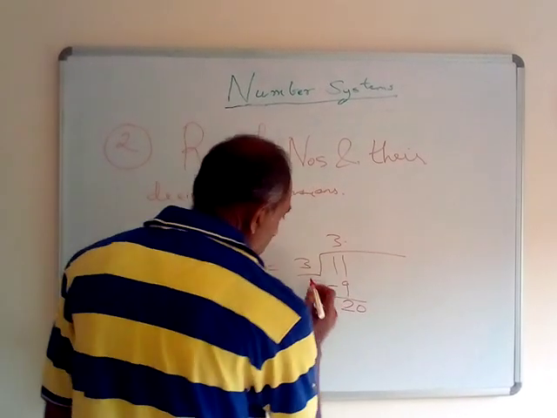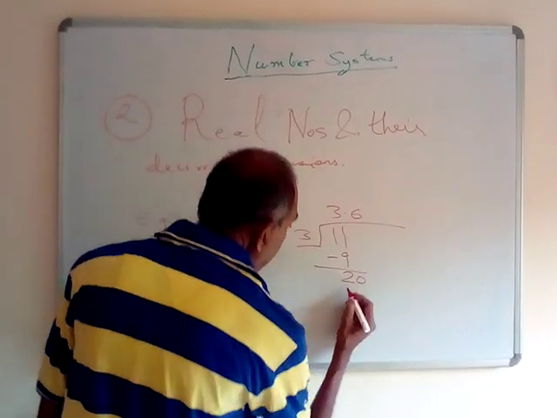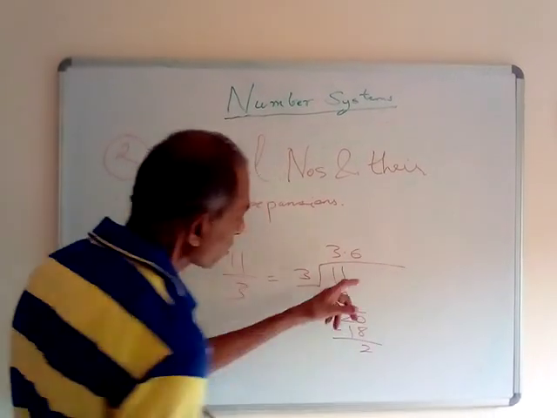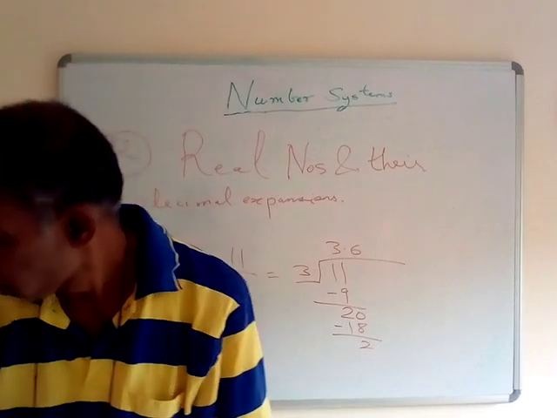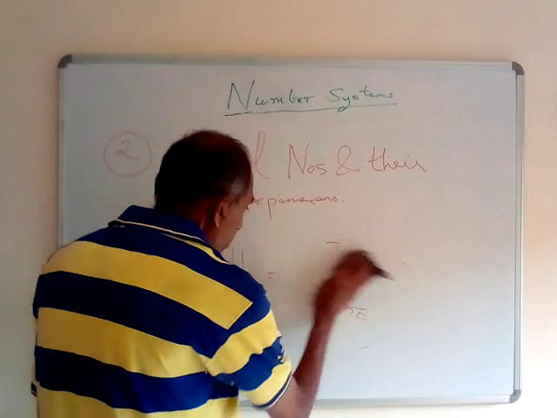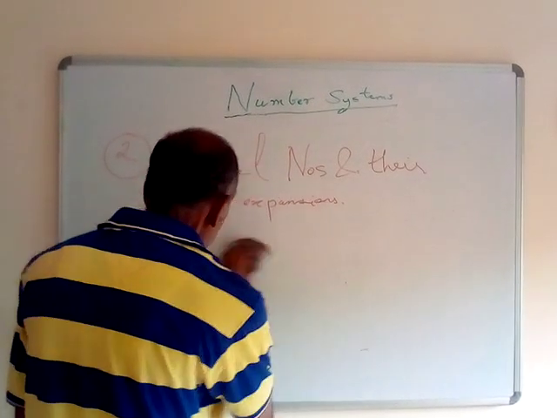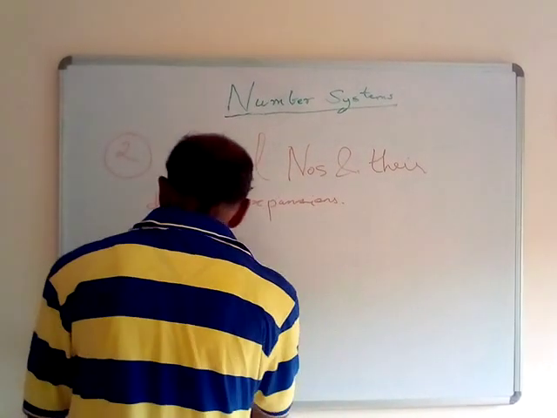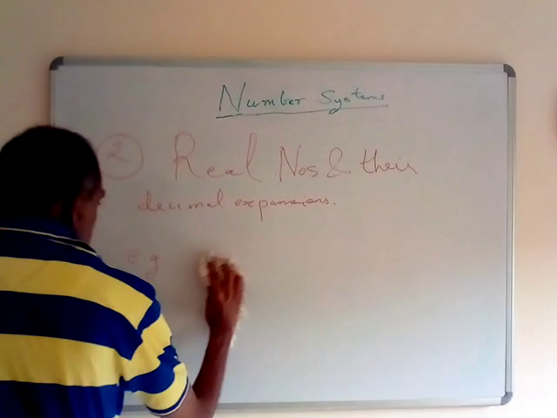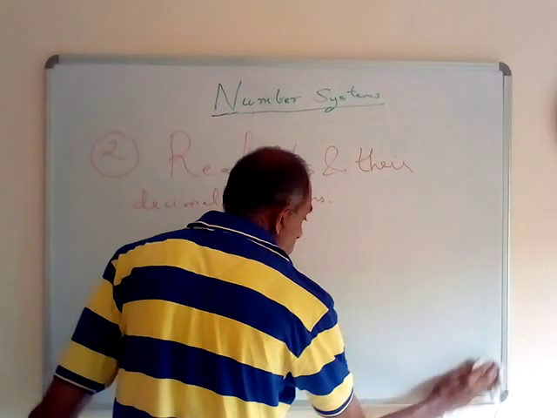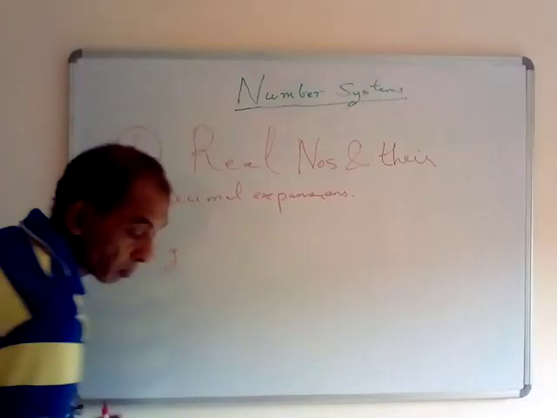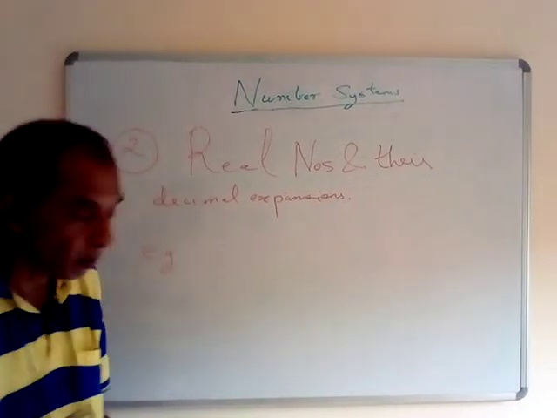Here will be a decimal point. 3 6s are 18, minus, no, this also will be a repeating. This also is a repeating. We will have to try with some other example.